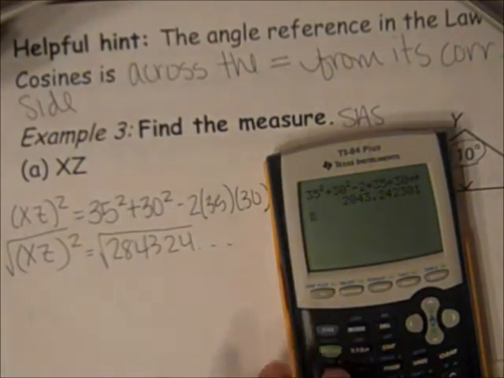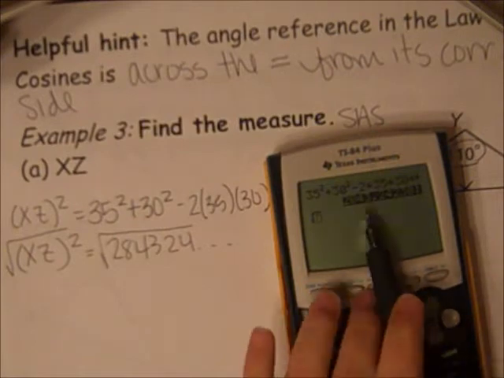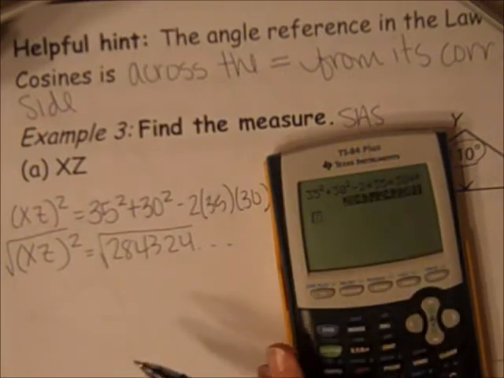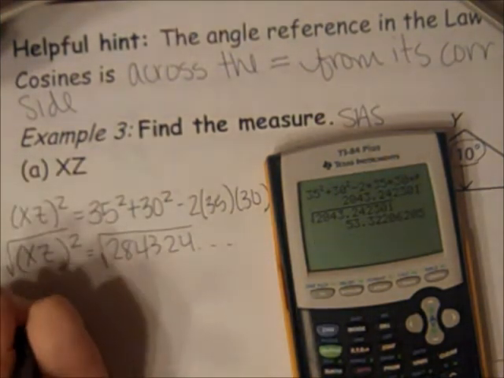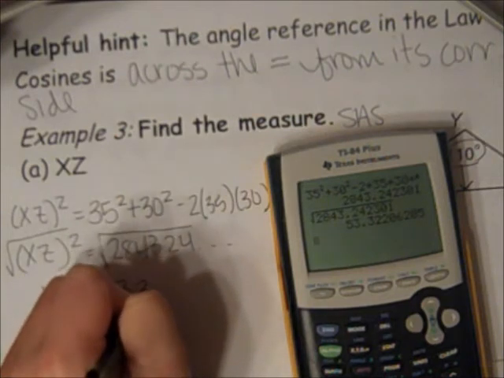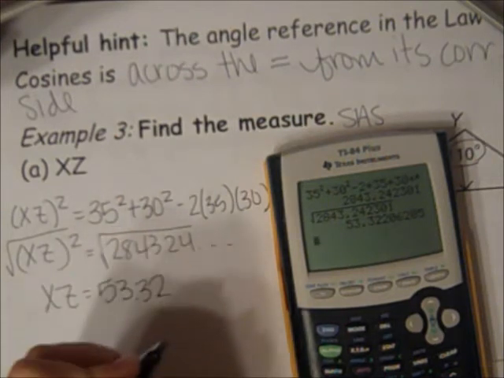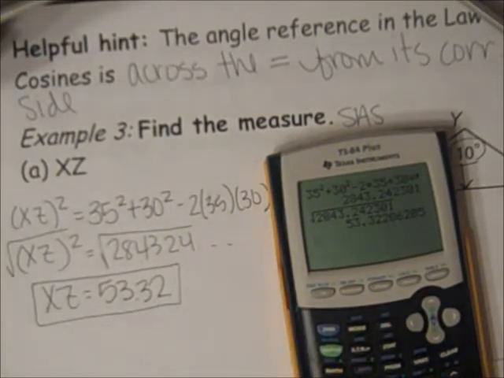So I'm just going to hit the square root button, and then I'm going to arrow up in order to highlight that 2843. Press enter to bring it all down, and then enter again. So that means XZ is equal to 53.32. And there's your final answer right there.